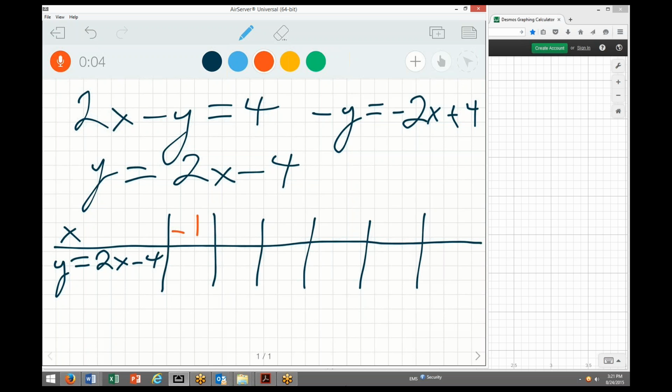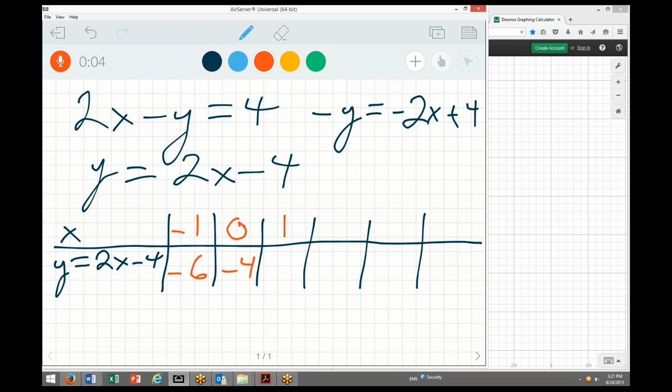and we plug in negative 1 for x, so 2 times negative 1 minus 4, well 2 times negative 1 is negative 2, negative 2 minus 4 is negative 6. I'm doing the x, y numbers now in red. And what about when x is 0? Well, 2 times 0 is 0, and 0 minus 4 is just negative 4.